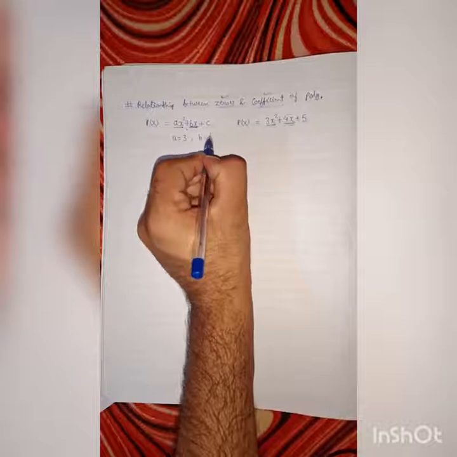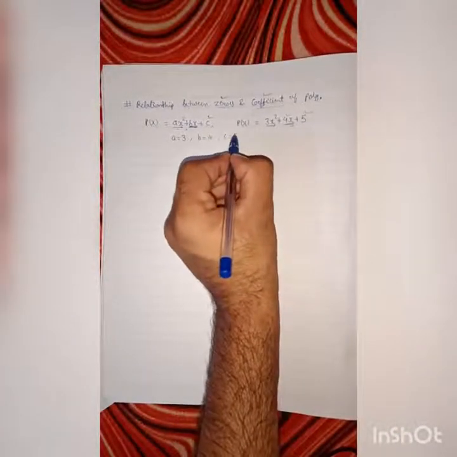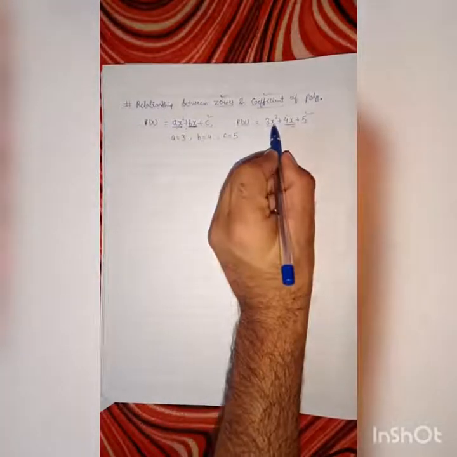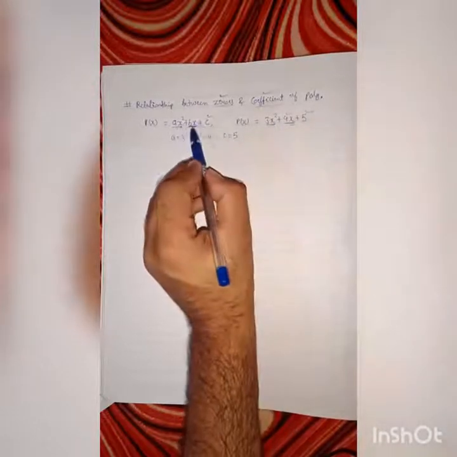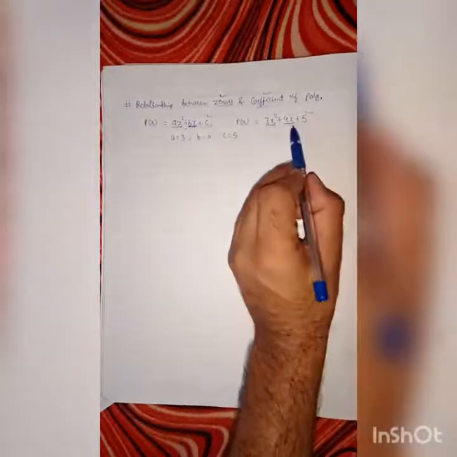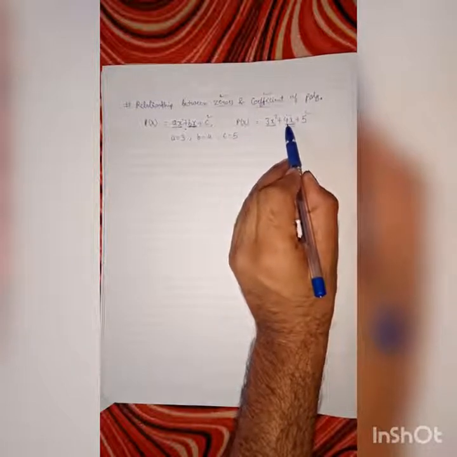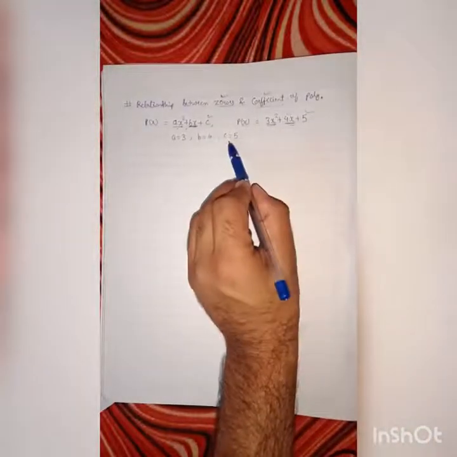So b equals 4, and the constant term is c. Here the constant term we have is 5. Meaning the coefficient of x square is a, so a equals 3. The coefficient of x is b, so the number with x will be the value of b, and the last term is the constant term, so c equals 5.